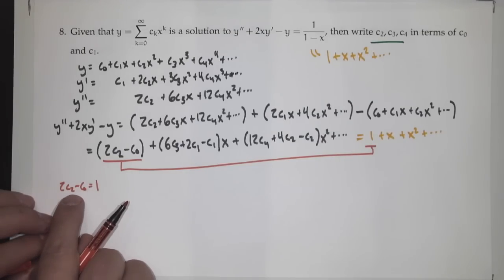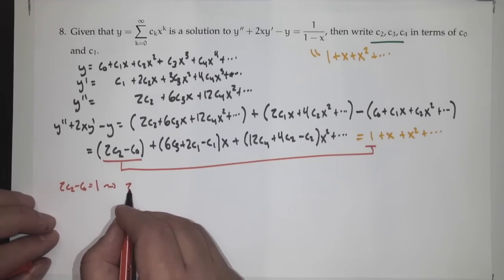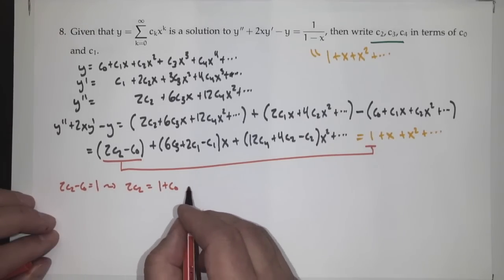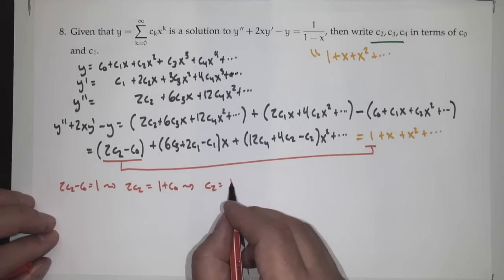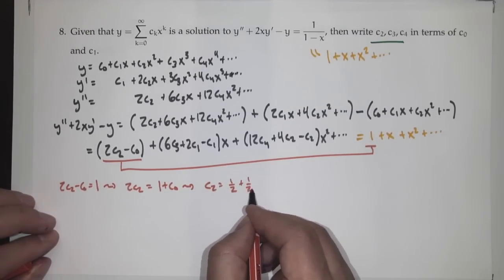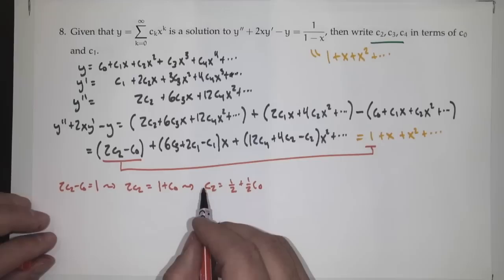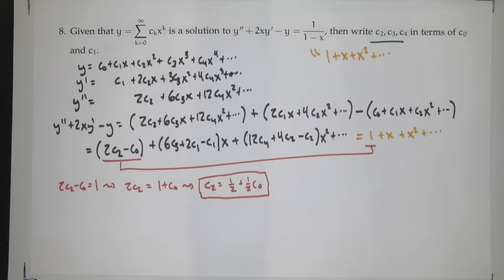So that would tell me that 2c2 is 1 plus c0, or c2 is 1/2 plus 1/2 c0. And this is part of my answer. c2 is in terms of c0 and c1.